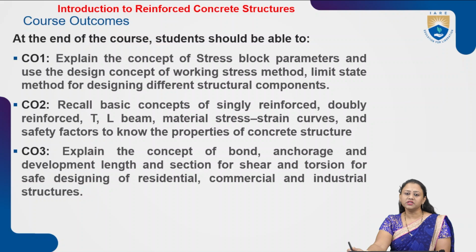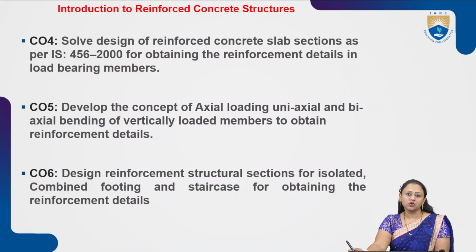To know the properties of concrete structures. The third course outcome would be to explain the concept of bond, shear, anchorage, development length, and the different sections for shear and torsion, and how the design would be for residential, commercial and industrial structures. The fourth course outcome involves solving problems for design of reinforced concrete slab sections, conforming to the Indian Standard Code IS 456-2000, and obtaining the reinforcement detailing for load-bearing members.